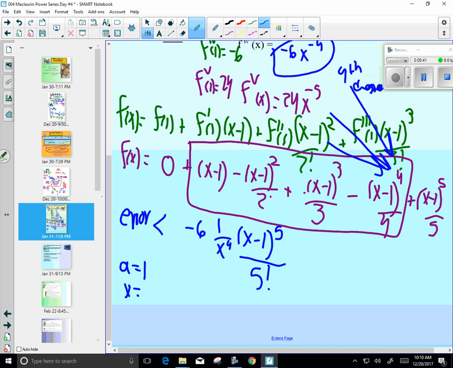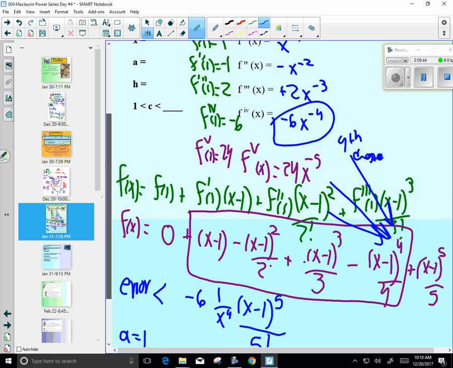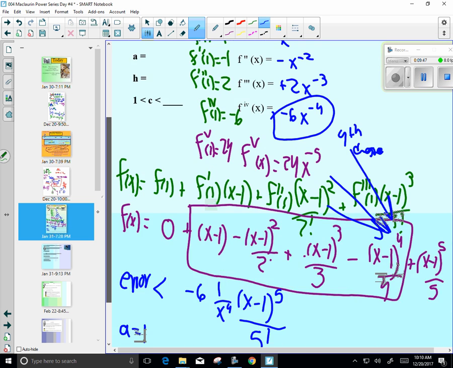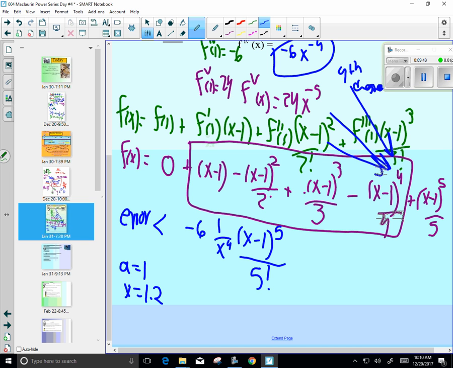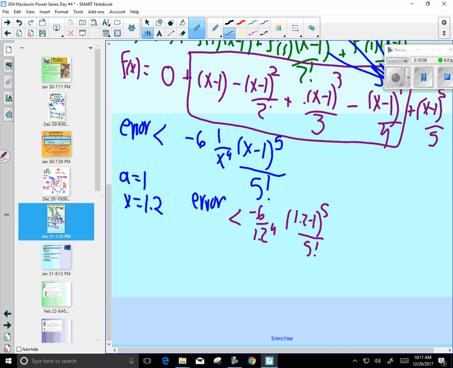Then you're going to put the x in, 1.2. So the error is going to be less than negative 6 over 1.2 to the 4th times 1.2 minus 1 to the 5th over 5 factorial. You'll need a calculator for this part. It's going to be negative 6 over 1.2 to the 4th times 0.2 to the 5th over 5 factorial.